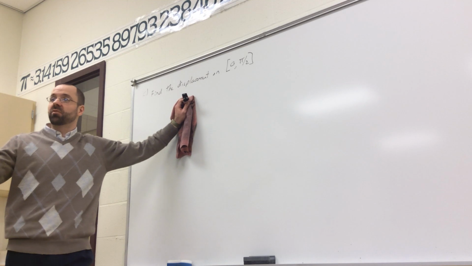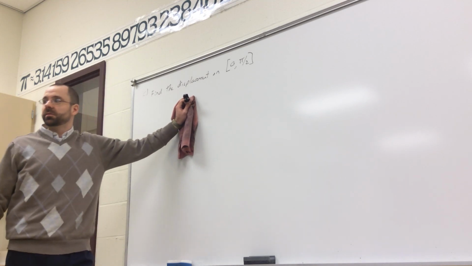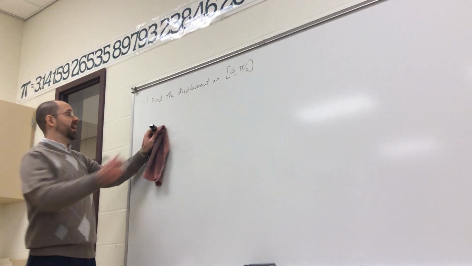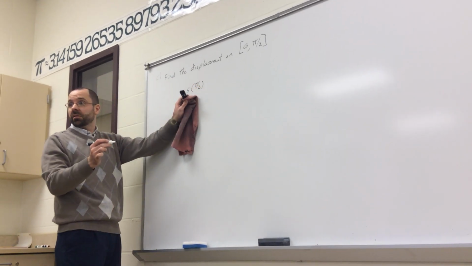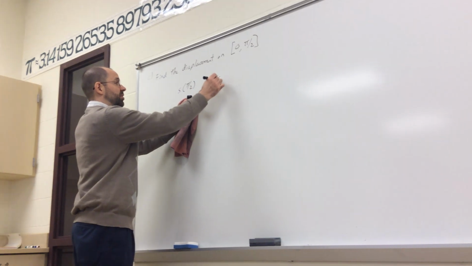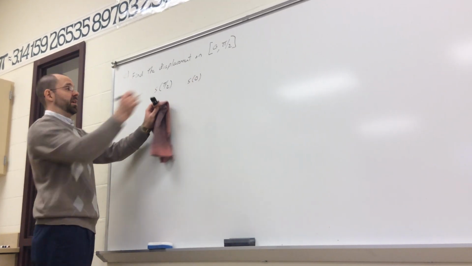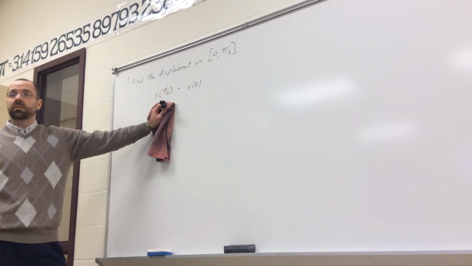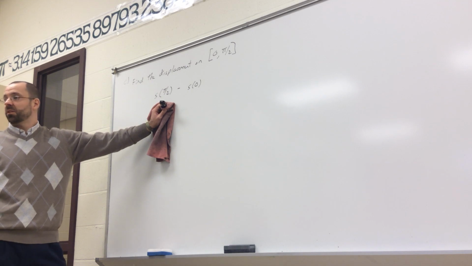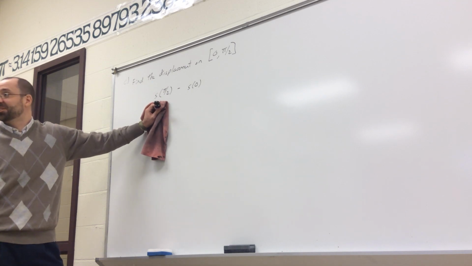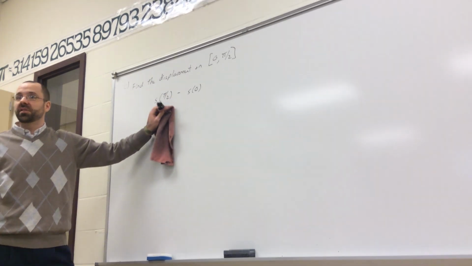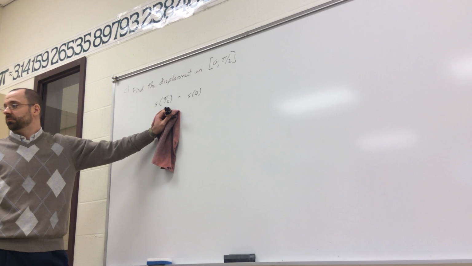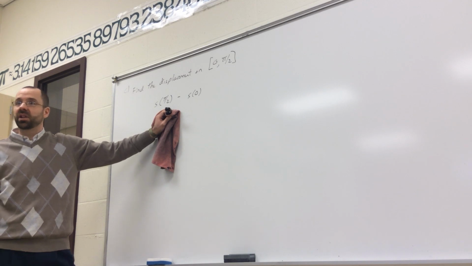How far you are from where you started, right? One way to calculate it is to figure out your ending position and your starting position and then subtract. We just found the ending position, it's 11. We know the starting position, it's 9. The particle started out at 9, ended up at 11, so the displacement is 2.